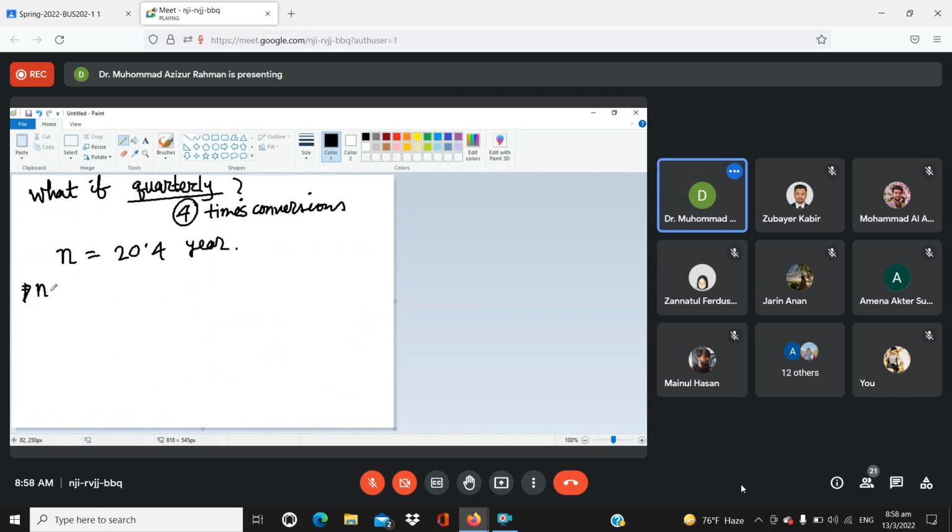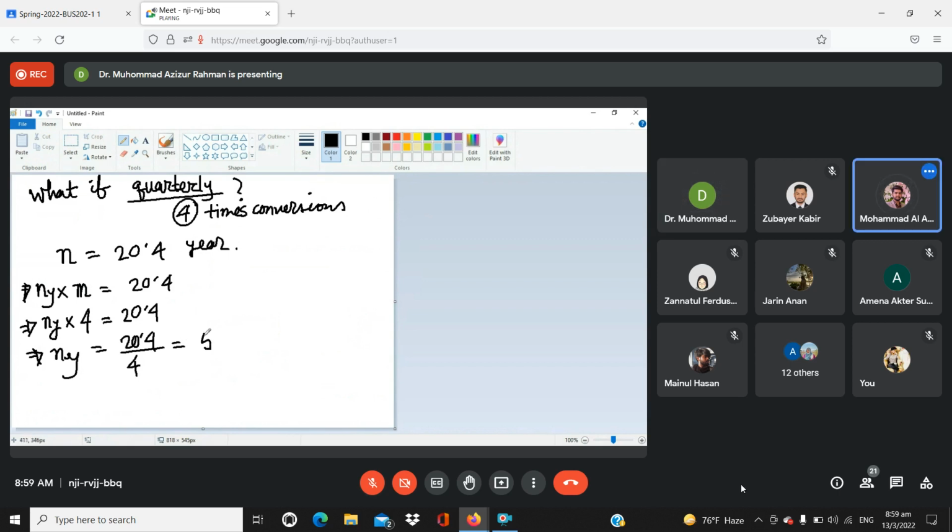Your year times your conversion equals 20.4, and conversion is 4. So the new year should be 20.4 divided by 4, which is 5.1.